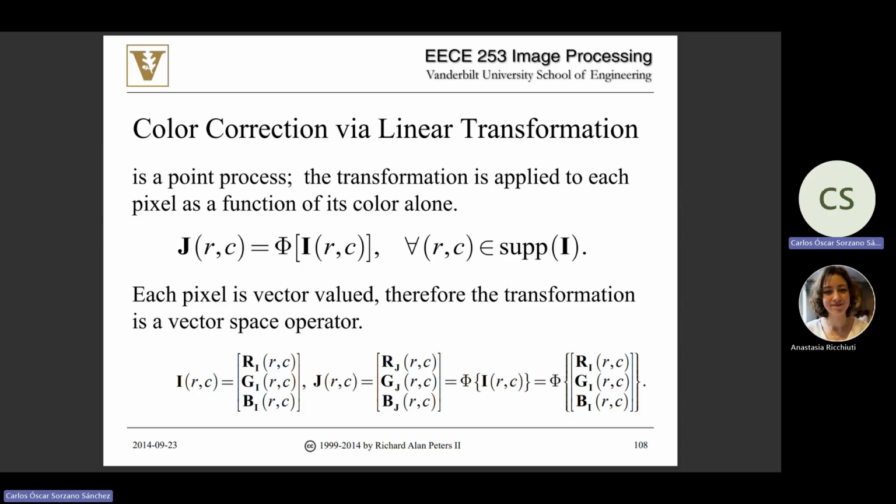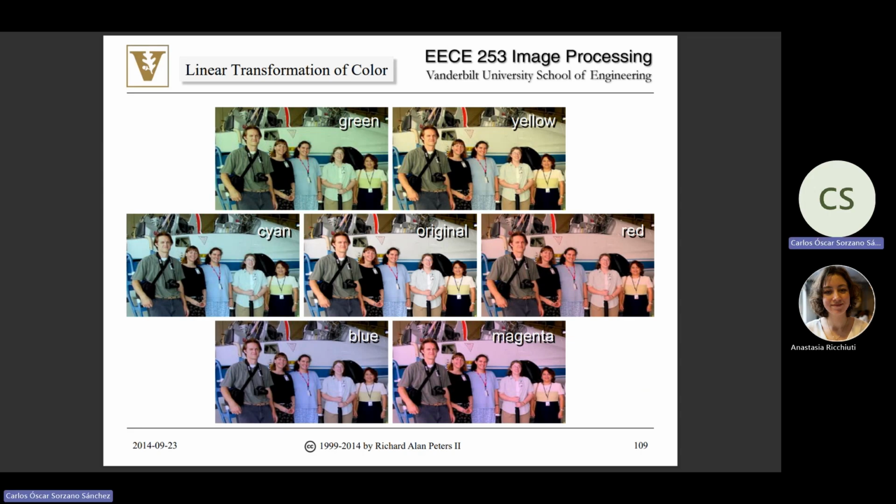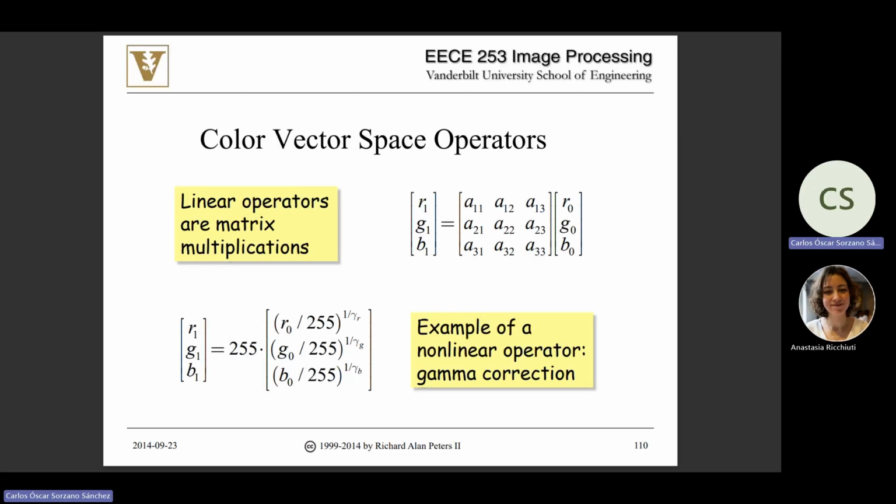That is the meaning of that. Let's say that you have this original image, and somehow it has been degraded to any one of these versions. So this was the original, but you apply some transformation to it.